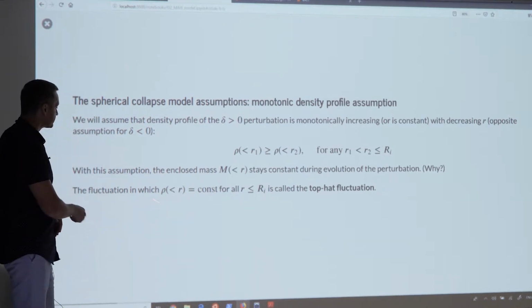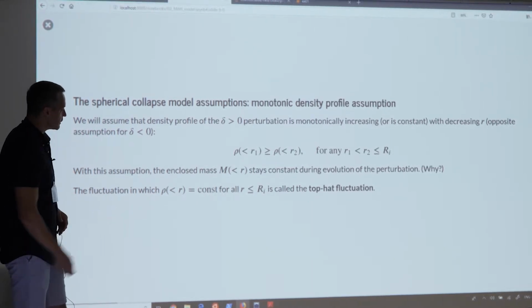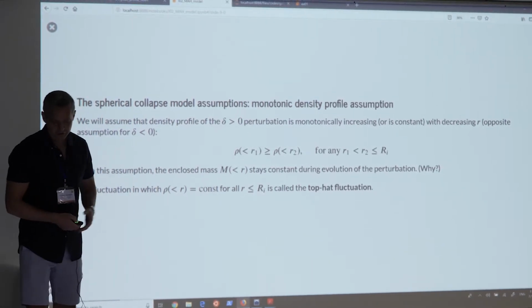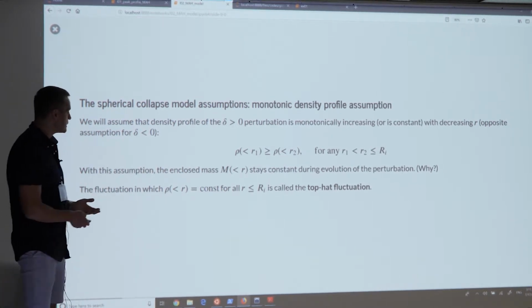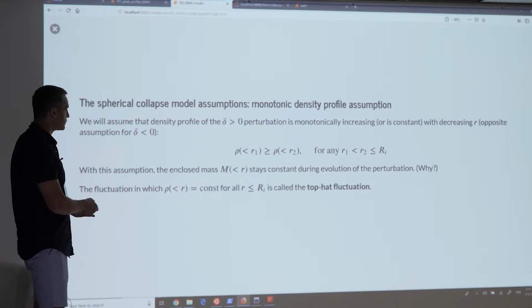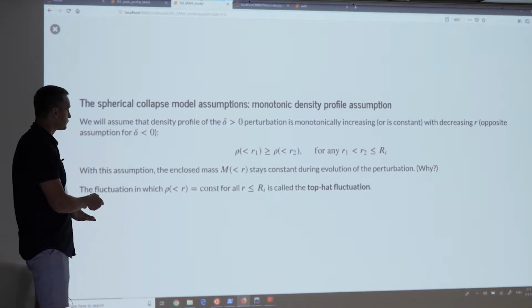The case when density stays constant is a special thing called a top hat fluctuation, and you can encounter this term in the literature, and this model is often referred to as the top hat collapse model, although we apply it in a spherically symmetric model, and the perturbation profile itself does not have to stay constant.